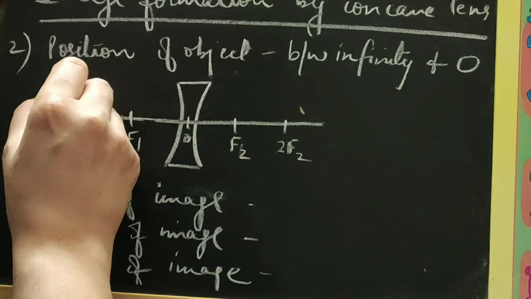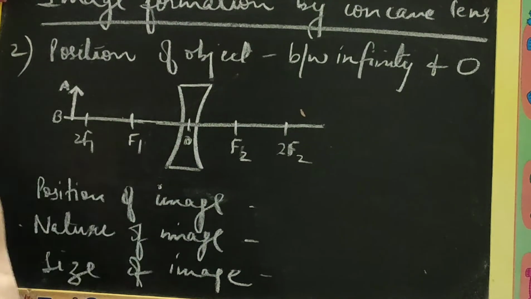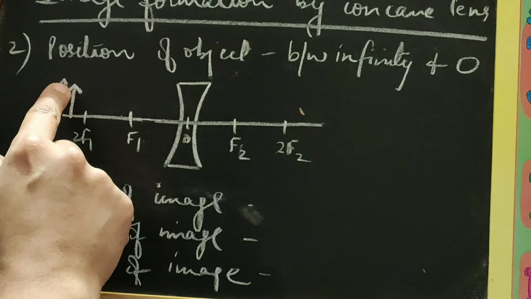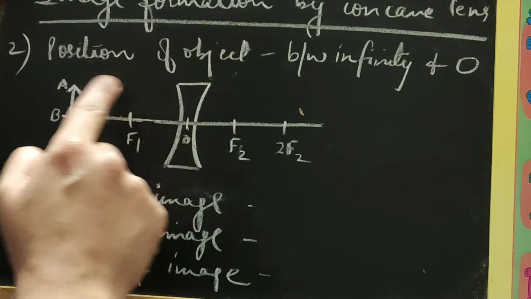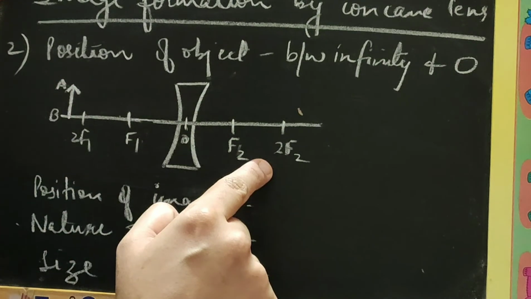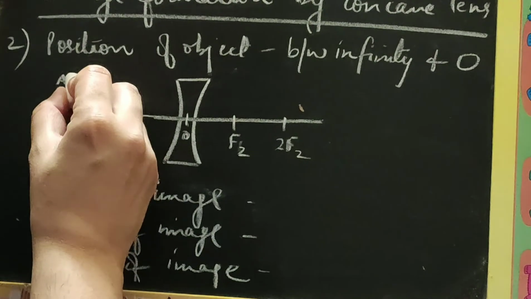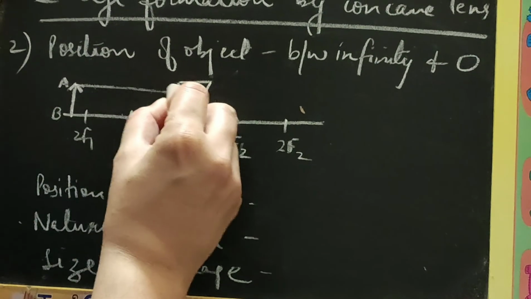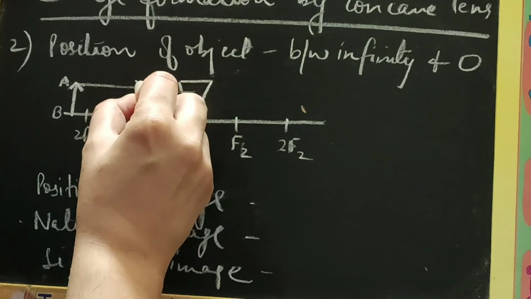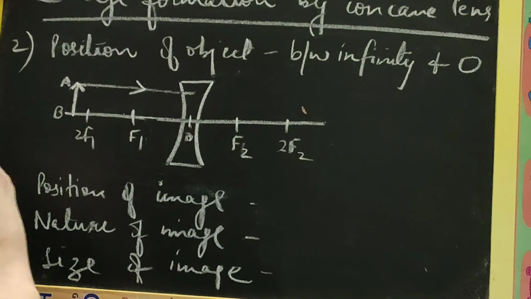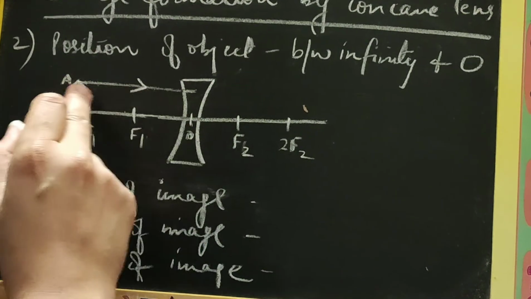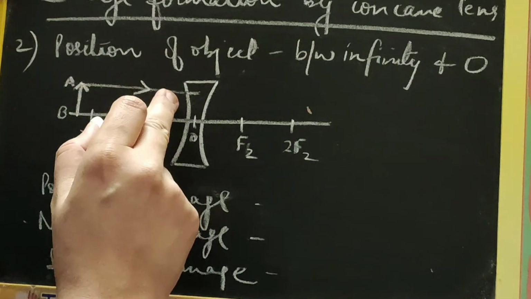Now labeling the object as AB above the principal axis. Again we will assume two light rays emerging from point A falling on the lens. Let the first light ray be the one which is going parallel to the principal axis. The rule to draw the ray diagram for concave lenses we have already discussed.